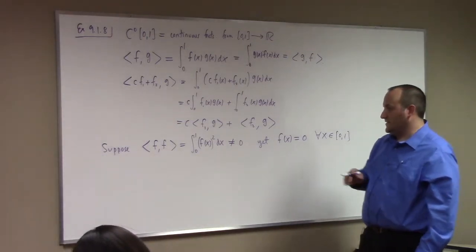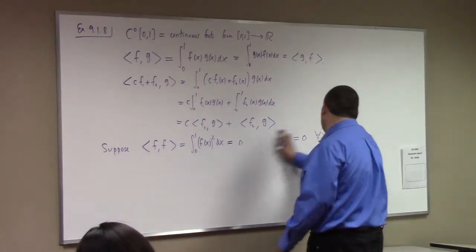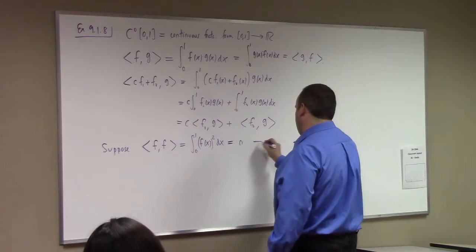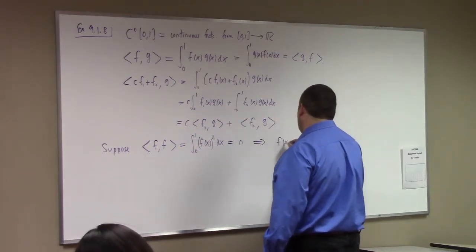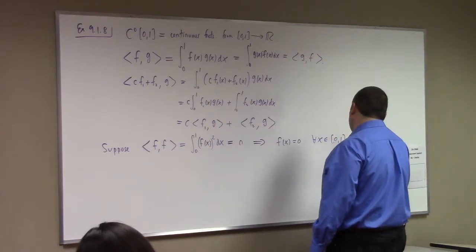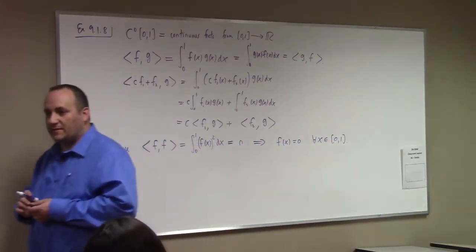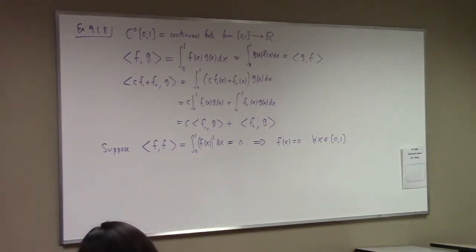So let me put it more directly. If this is equal to 0, then what does that imply? This implies that f of x is equal to 0 for all x in 0 to 1. Continuity is needed there, because continuity says that if the function is non-zero at one point, it has to be non-zero near that point as well.